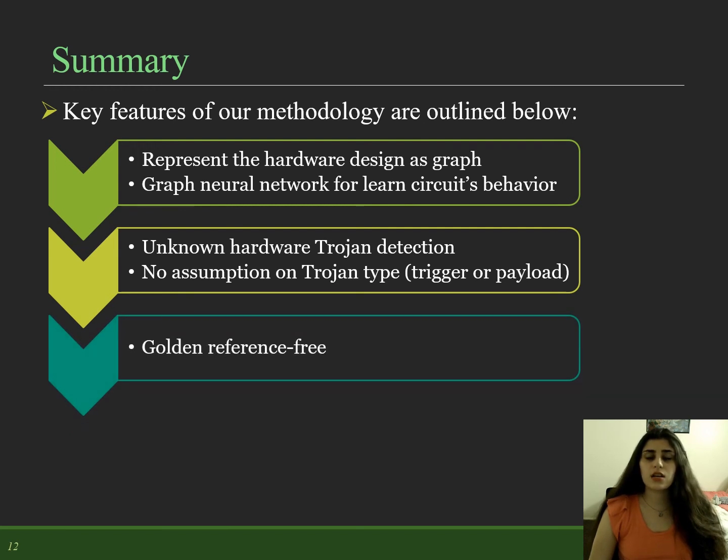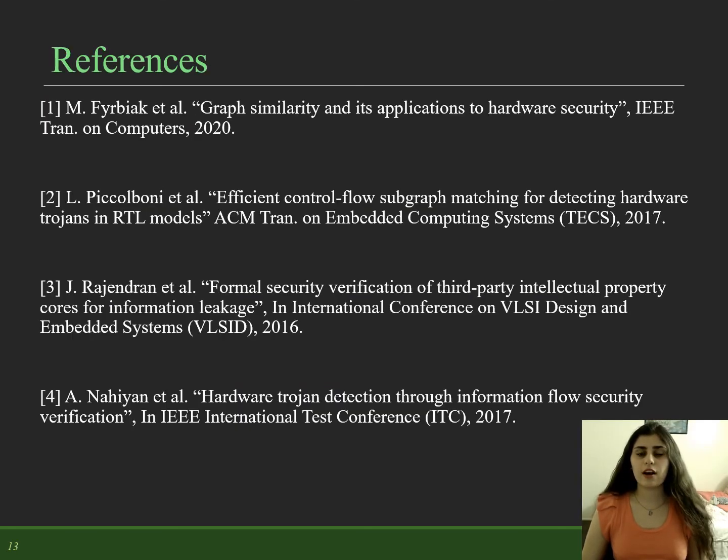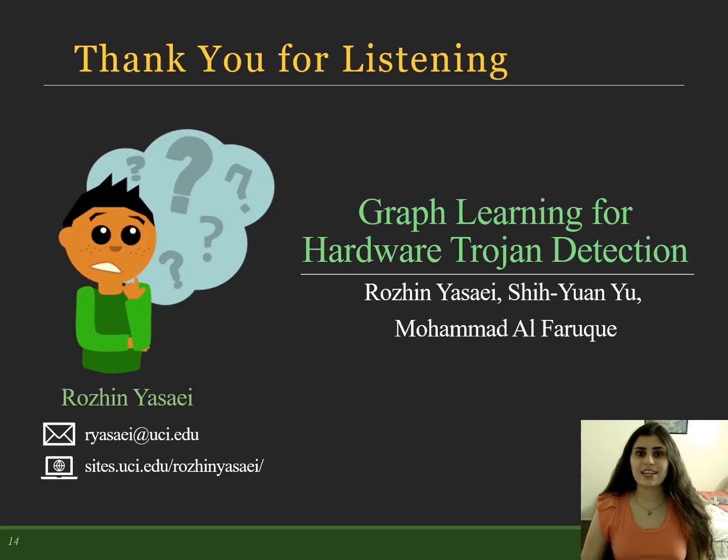This model is completely golden reference free and doesn't rely on a trusted reference to detect the Trojans. And lastly, our model is fast and fully automated. It doesn't require any manual work, any feature engineering, or property definitions. You can find our references here, and thank you for listening.